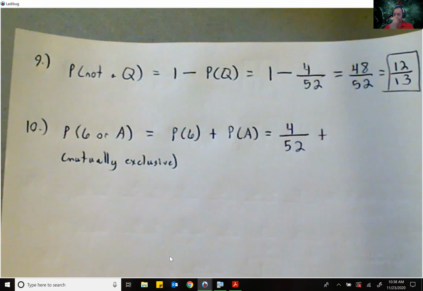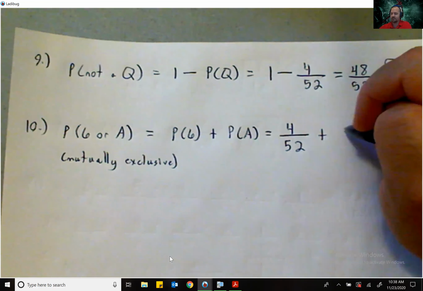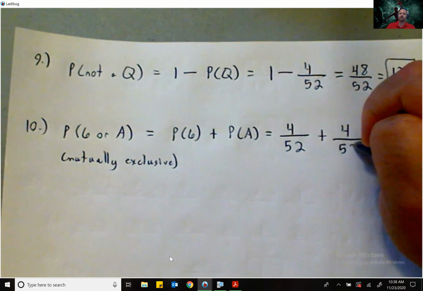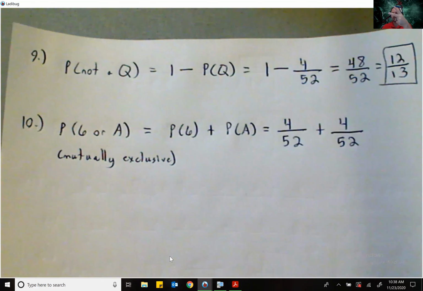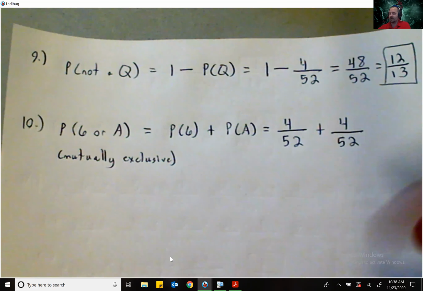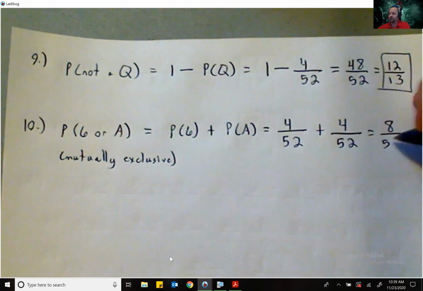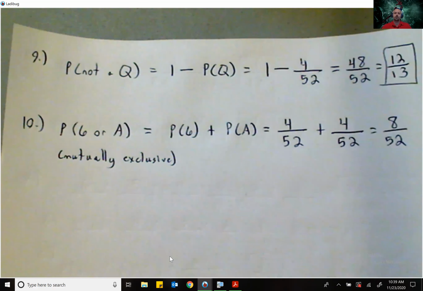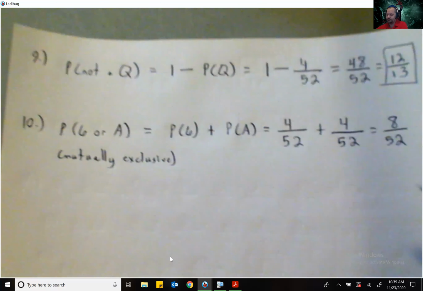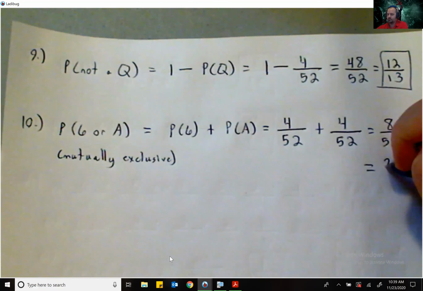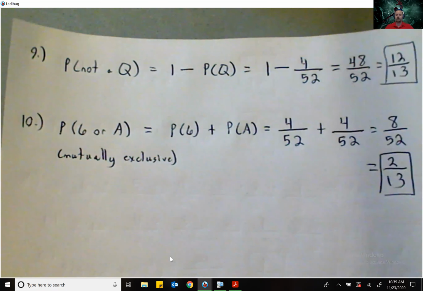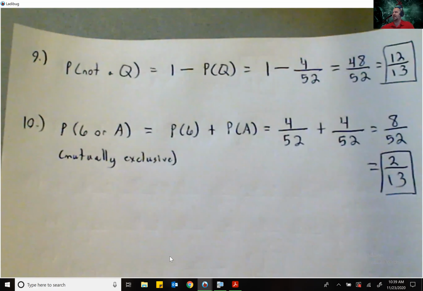Well, again, there are only 4 aces out of 52, because you've got the ace of hearts, the ace of diamonds, the ace of spades, the ace of clubs. So if I add this together, I get 8 out of 52. Or in other words, I believe this should be 2 out of 13. Yes. There's the probability of drawing a 6 or an ace.